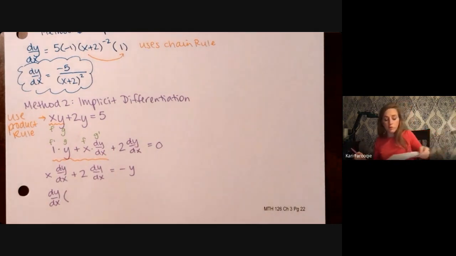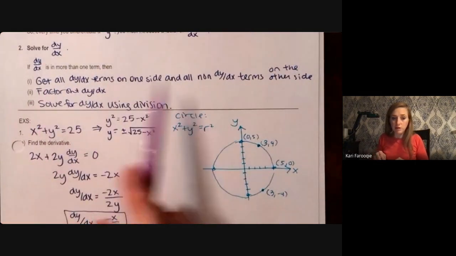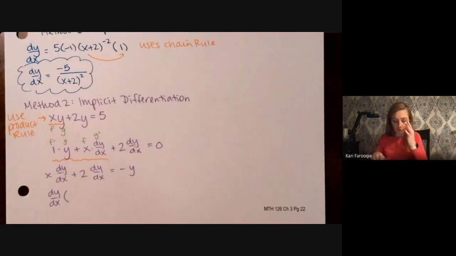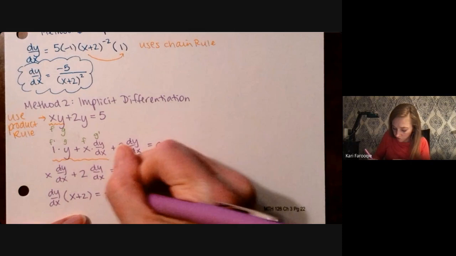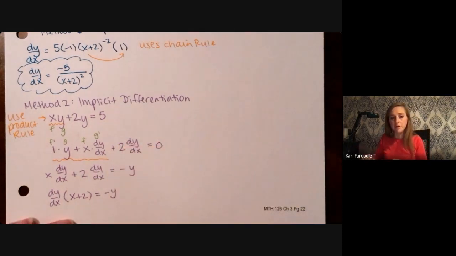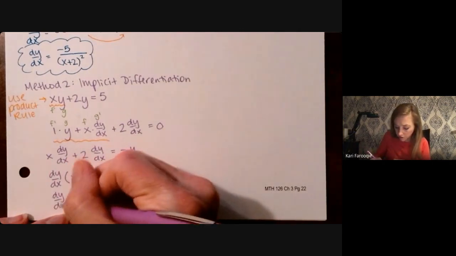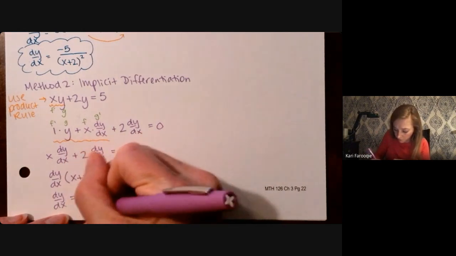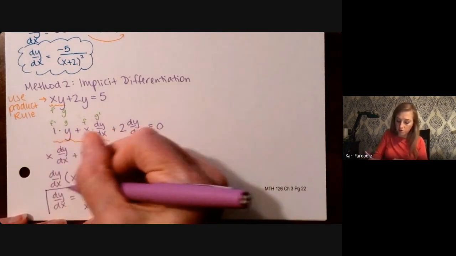We didn't have to do this in the previous example, but it says to get all the dy dx terms on one side. We did that. Factor out the dy dx and then solve for it using division. The only way to solve for dy dx at this point is to factor it out and divide. So I have x plus 2 equals negative y. And now I can solve for dy dx by dividing out x plus 2 on both sides. So I have negative y divided by x plus 2. I'm very happy with this dy dx.